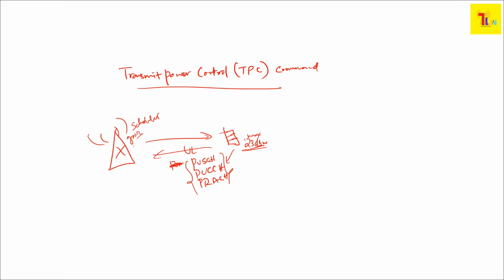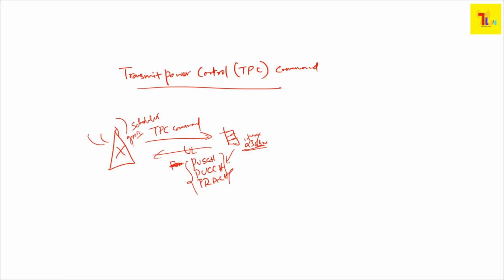The command that the eNodeB scheduler issues to the UE is called the transmit power control command. This is the command that will be used in order to adjust the UE power.